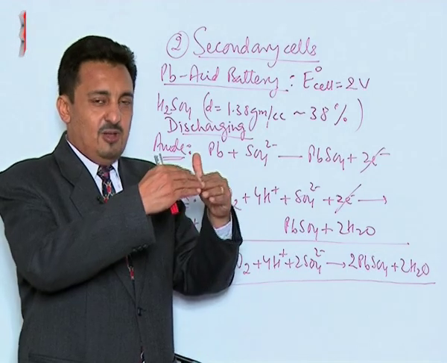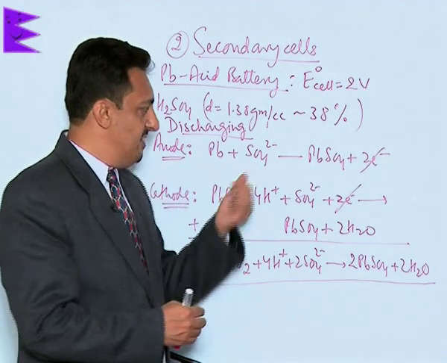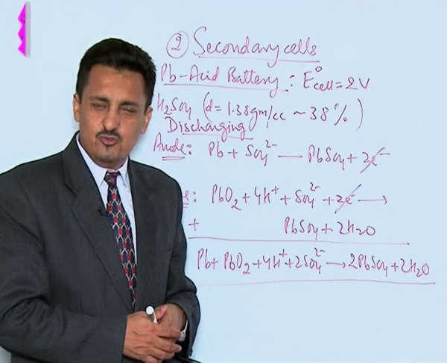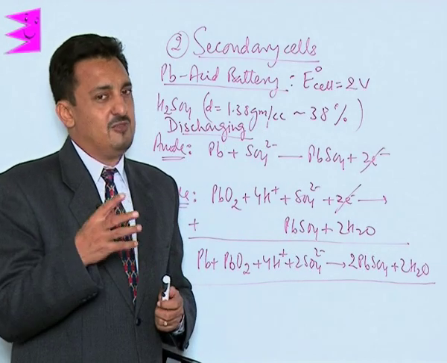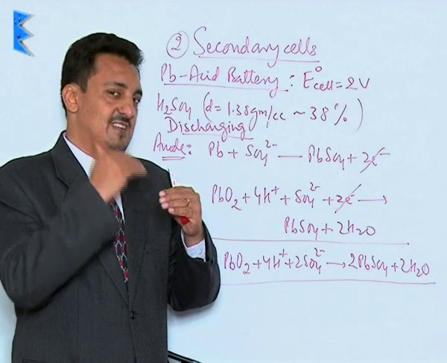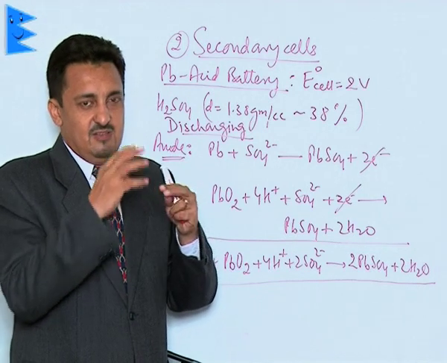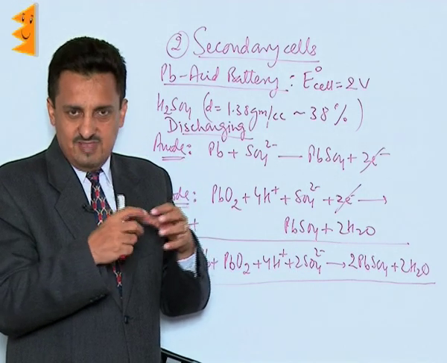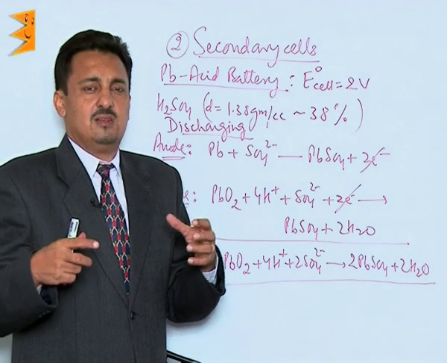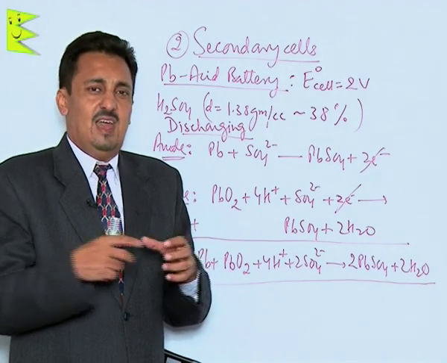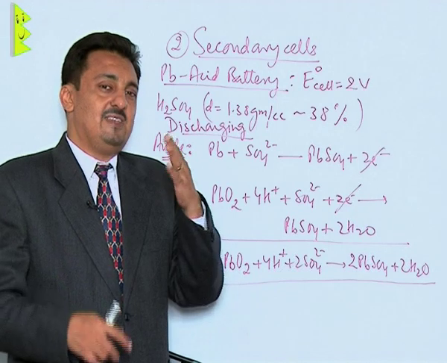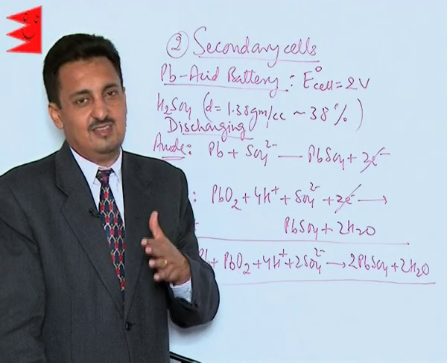When the density reaches approximately a value of 1.20, the potential drop is so large that once it is connected to the inverter, the inverter shows that the battery is not able to perform to its full strength and needs to be recharged. The inverter cuts your circuit and then the battery needs recharging.